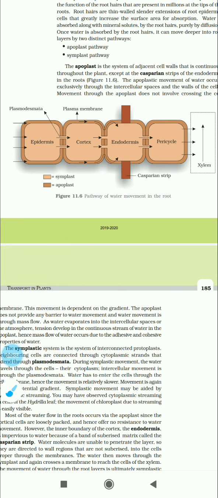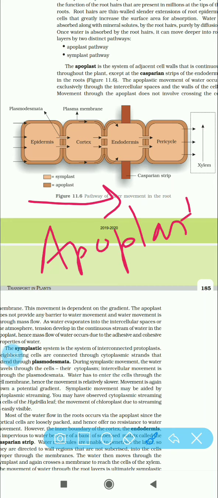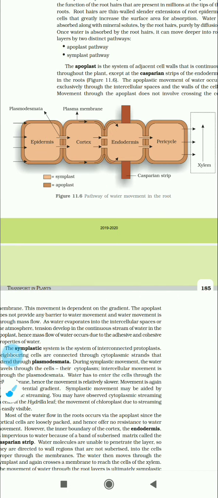Till this route, till the Casparian strips are encountered, it will undergo the apoplast pathway, which will be through the cell walls. As you can see, it is only going outside, it will not enter the cell. The absorbed water will only move through the cell walls, remember that.